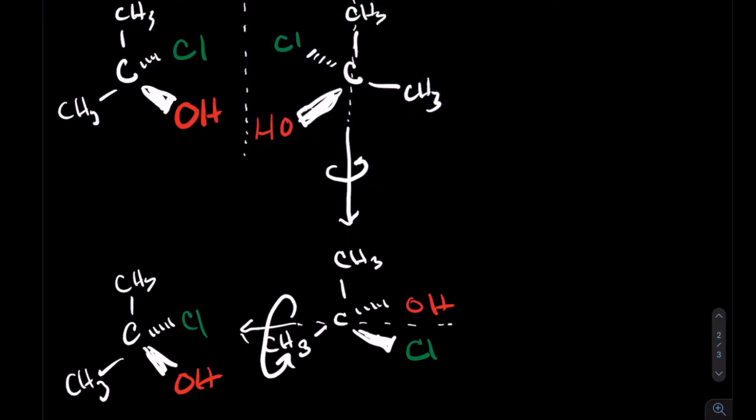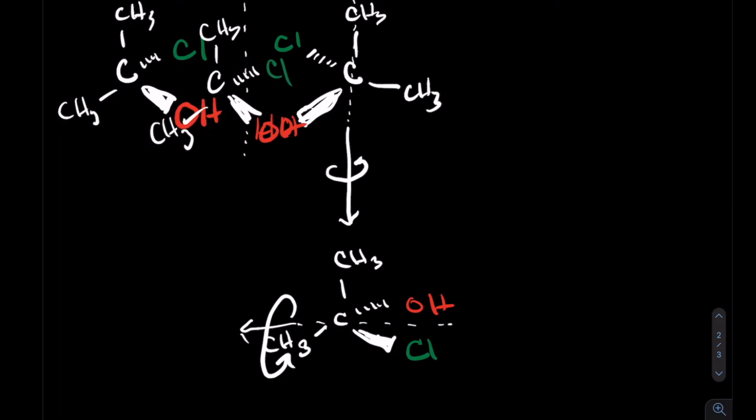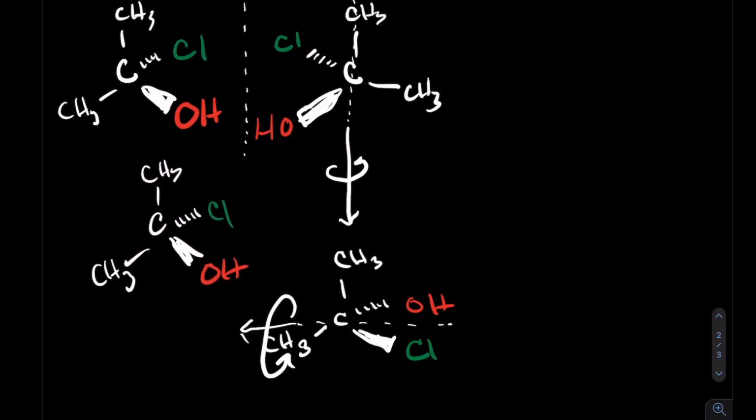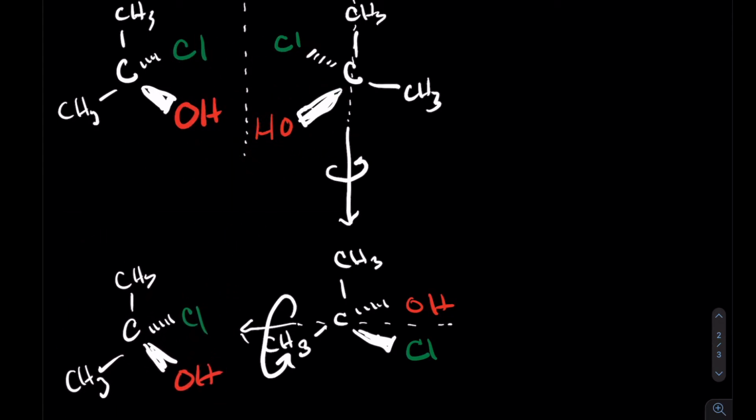All right, and so after that symmetry operation, it's pretty obvious now that I can sit on top. Those are the same molecules, right? Those two are superimposable mirror images, these two folks. Superimposable mirror images. And because they're superimposable mirror images, those are achiral.